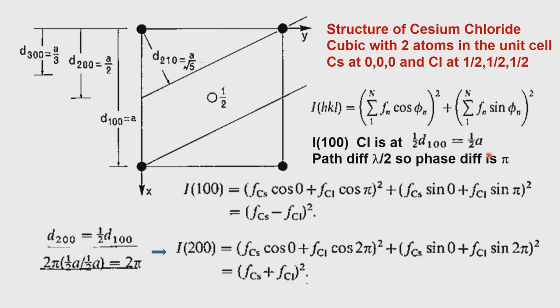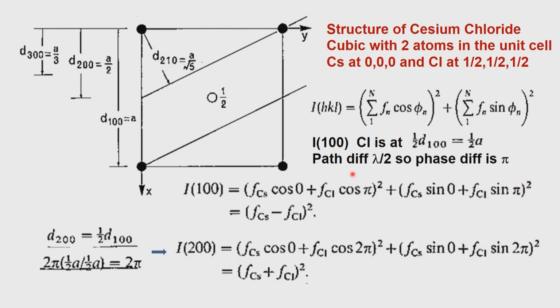Path difference is lambda, then the phase difference is 2 pi, which we have already seen. And therefore, the value of I of 100 goes like this: f of Cs cosine 0 plus f of Cl cosine pi, squared, plus f of Cs sine 0 plus f of Cl sine pi, squared. So, this can be calculated.